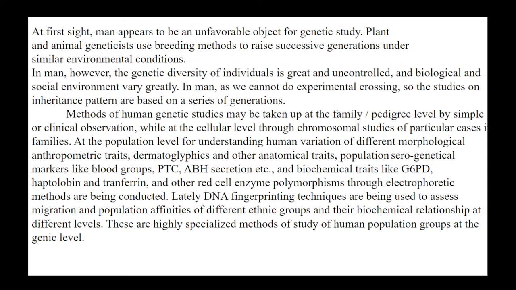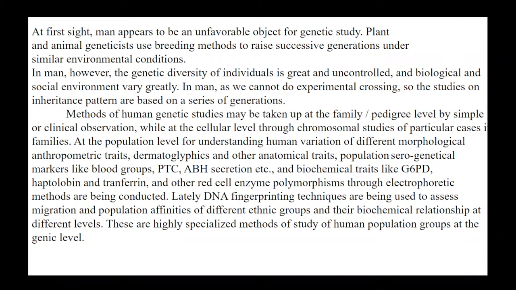We can't use breeding methods for studying inheritance, where people mostly have a small number of offspring, and a long time for the next generation is characteristic of people too.